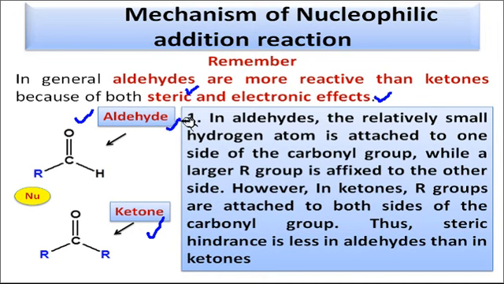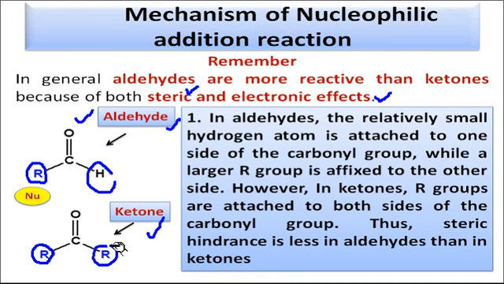In the aldehyde, the relatively small hydrogen atom is attached to one side of the carbonyl group, while a larger R group, alkyl group, is attached to the other side of this carbonyl group. However, in ketones, both the alkyl R groups are attached to the carbonyl carbon atom, on both sides of the carbonyl.